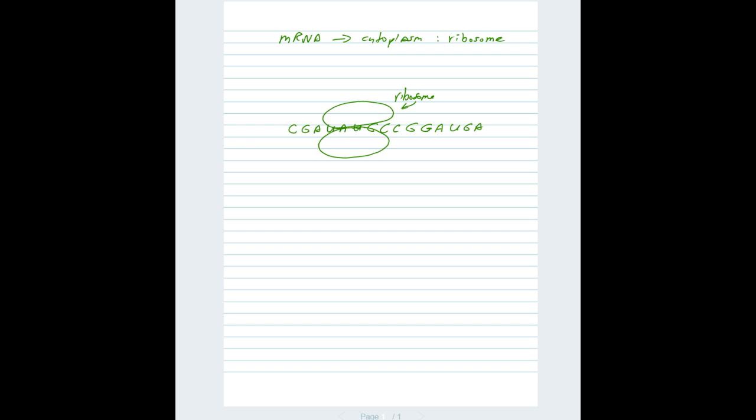Now, one of the things about the genetic code that was discovered decades ago was that it's actually encoded in sets of 3 bases. So I'm going to underline 3 bases at a time, and those are called codons. So you will always find a codon on messenger RNA. Sometimes it's called a triplet.